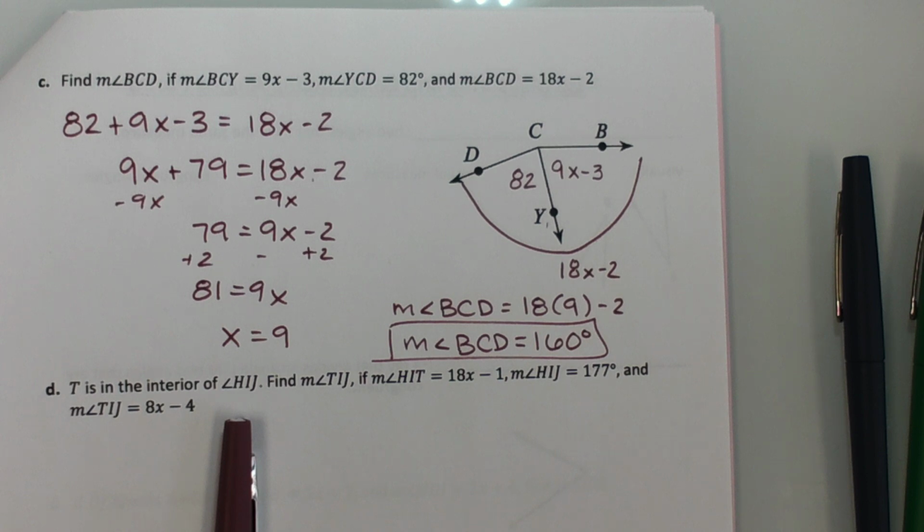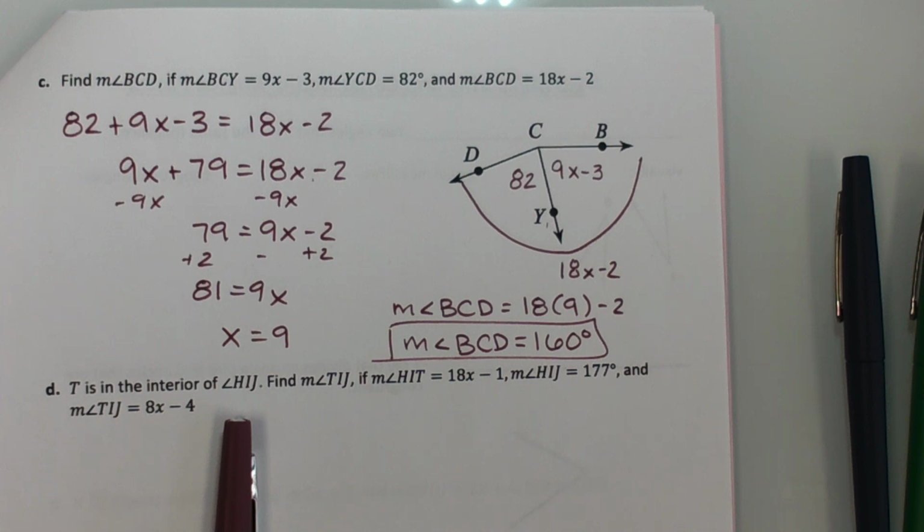Equals, what's the big one? 79. So basically equals 79. Okay, combine our like terms. You look at these two, they're the only like terms.